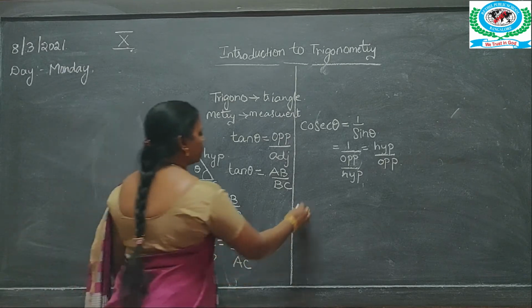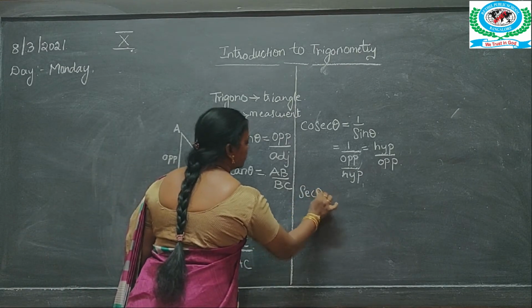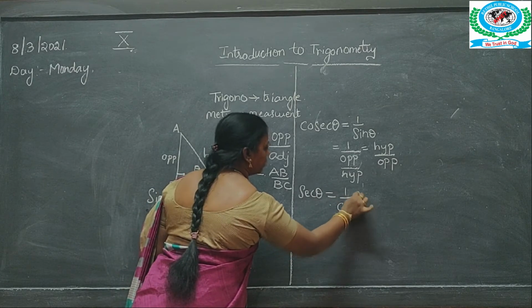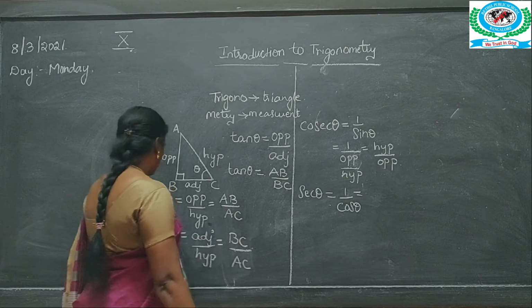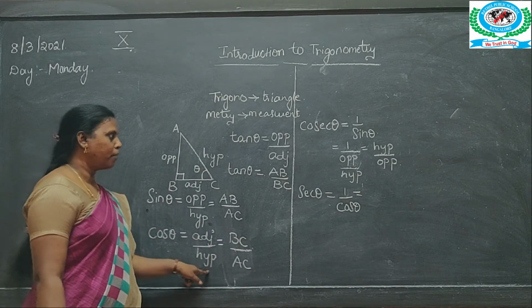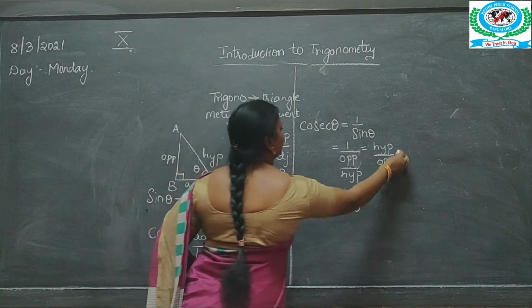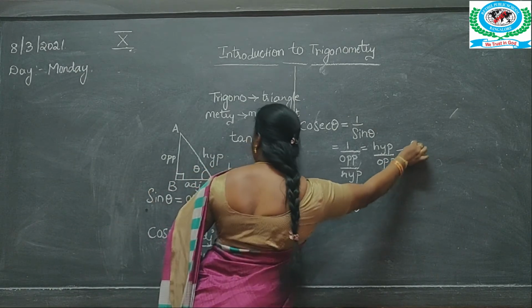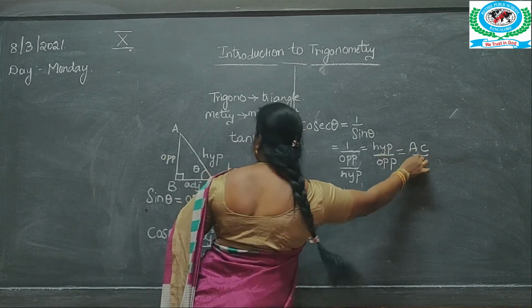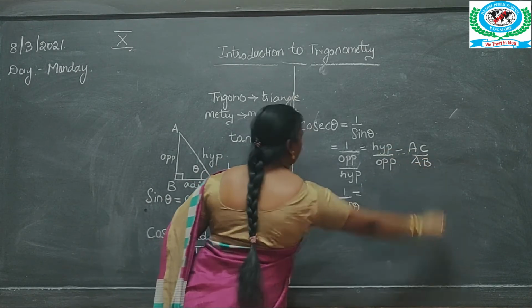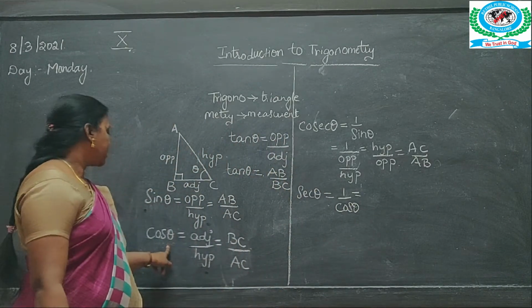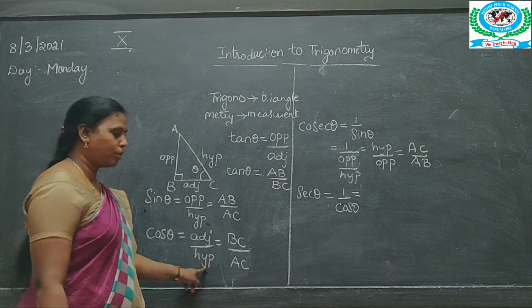Next, secant of theta is the inverse of cos theta, so 1 by cos theta. Cos theta is adjacent by hypotenuse.